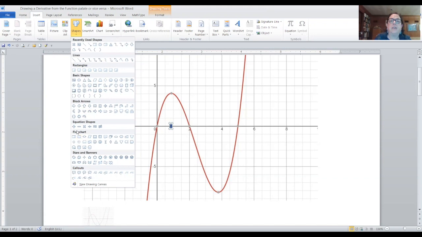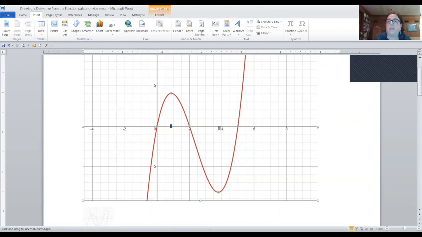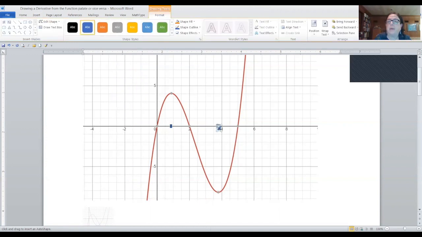So I have a derivative that's going to be 0 at the 2 locations, the 2 X values. One where I had a maximum at about 0.8 and one here where I have a minimum at about X equals 3.7.